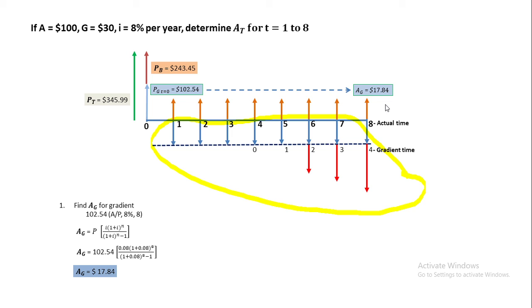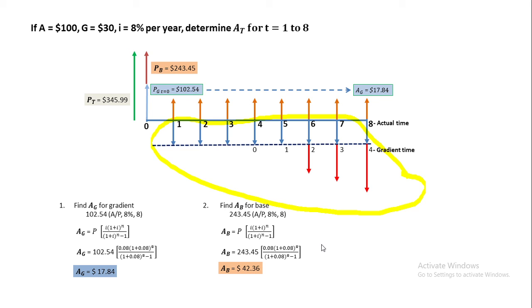So now we will solve the equivalent annual uniform series of the base. So now we will still use the AP formula. So our formula would be A sub B is equal to P, bracket, i parenthesis (1 plus i) raised to n over parenthesis (1 plus i) raised to n minus 1.